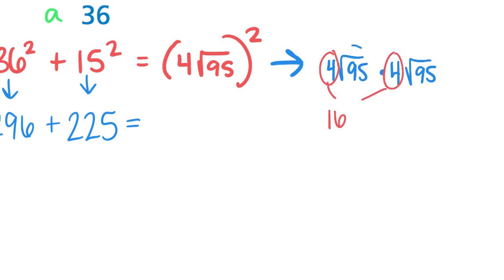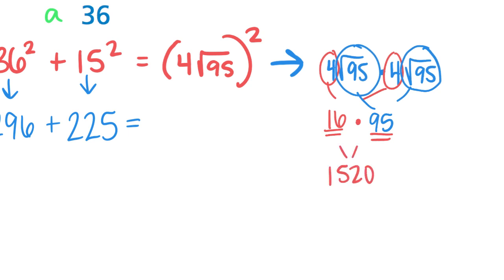And then the square root of 95 times the square root of 95, remember that's just going to turn into a regular 95. It's just going to take away that radical symbol. So what we're left with is 16 times 95. You would just have to multiply those together, and that equals 1520. So that's what we're going to put over here, 1520.